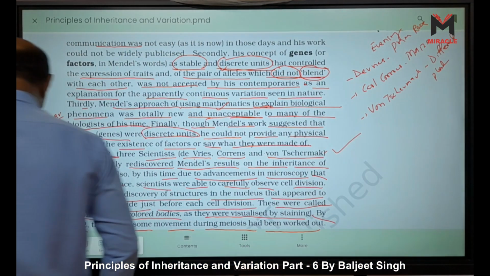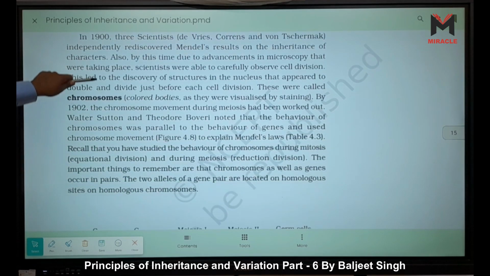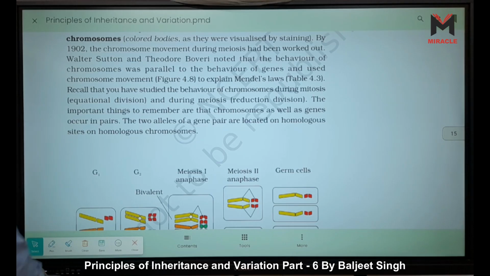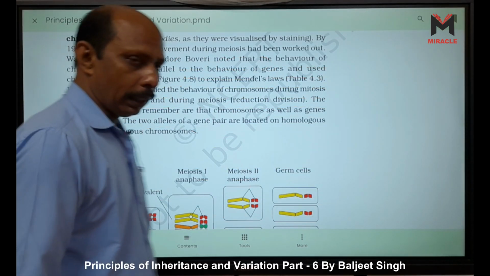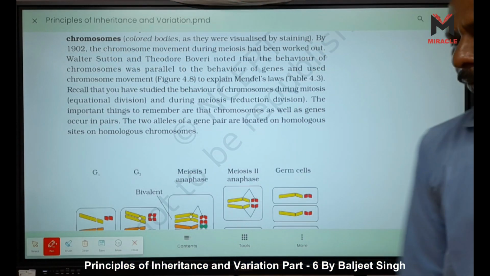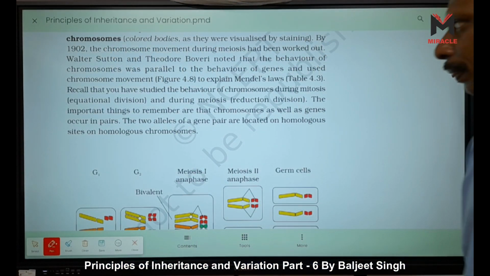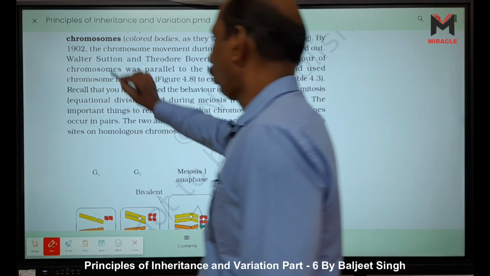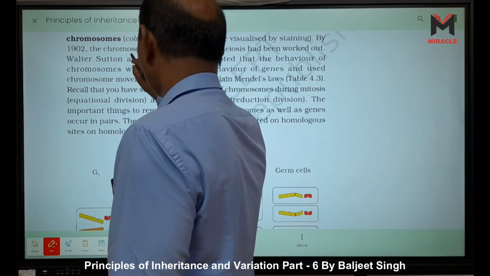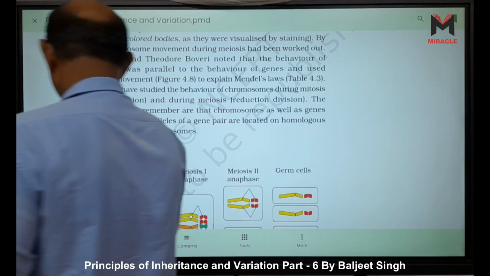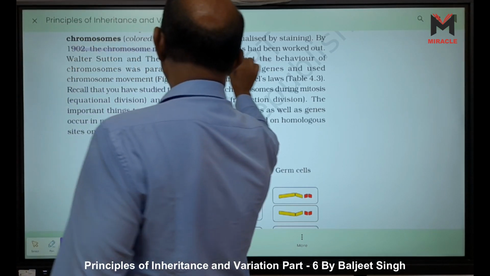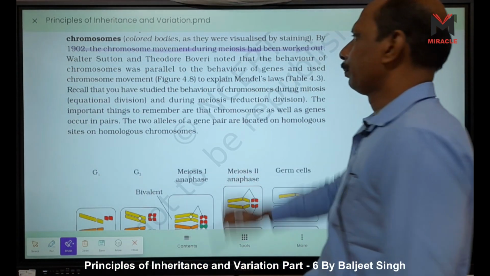And when they understood about the chromosomes, who worked it out? Two other scientists, Walter Sutton and Theodor Boveri. In 1902, the chromosome movement during meiosis had been worked out.